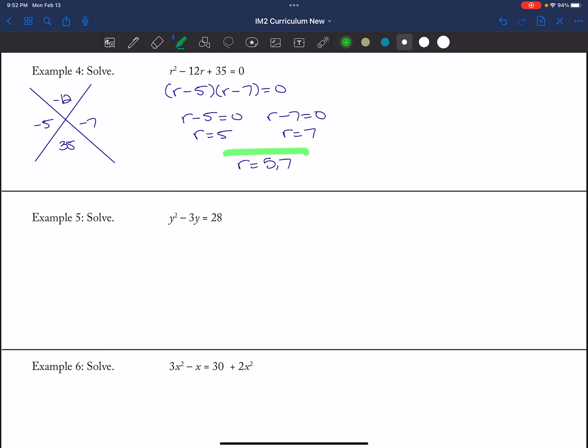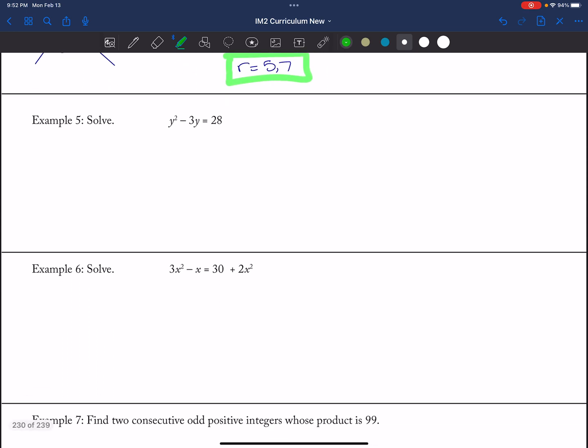Okay. All right, and then again, if I'm going to factor out a greatest common factor in this case, I actually have to make one side equal to 0. So I have y squared minus 3y minus 28. Essentially, anytime I have a middle term, a b term involved, I have to make one side 0, no matter what.